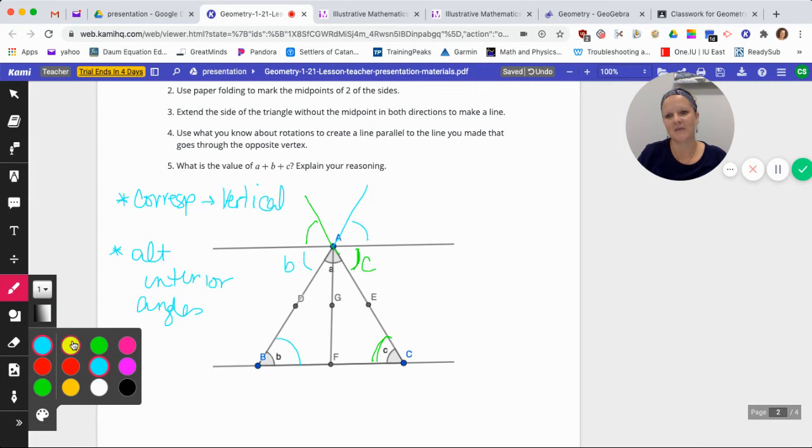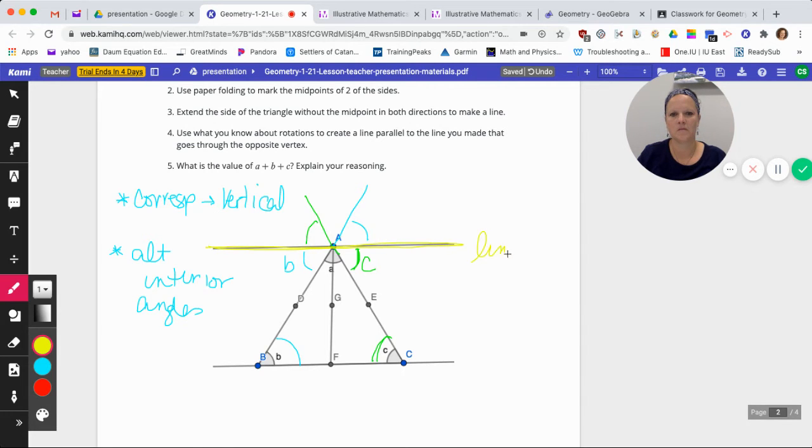Now, what's the point of doing all of this? This is the really cool part. It's like magic. This is a line, and lines are 180 degrees. So I know that A plus B plus C is always going to be 180 degrees. Any triangle.